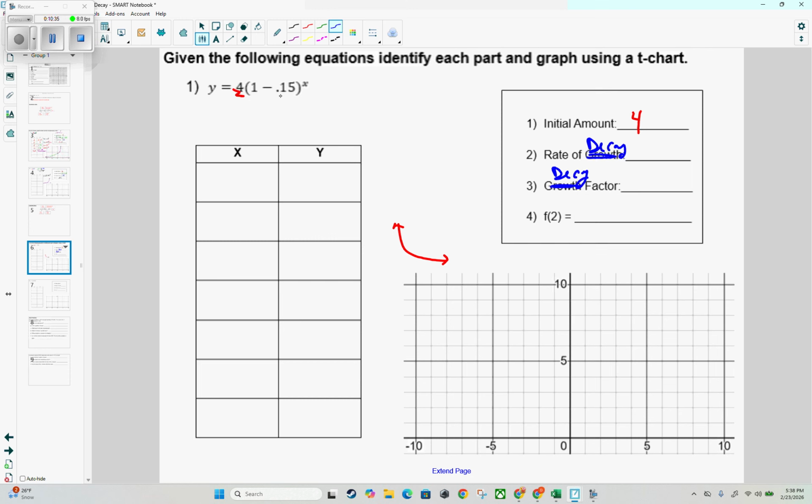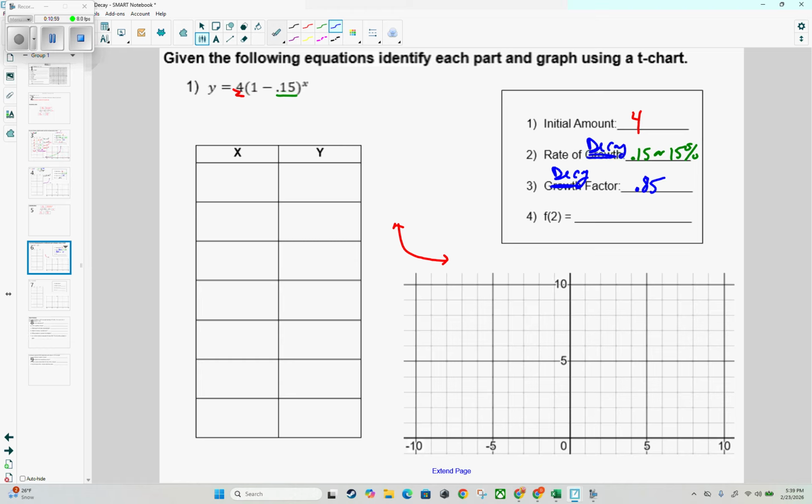So our rate of decay is that 0.15 or 15%. So you want to make sure you can move the decimal the right way. And then, of course, you could go into a calculator. If you know what it is, you just actually do the subtraction. So the 1 minus 0.15 gives us 0.85 as the actual factor.